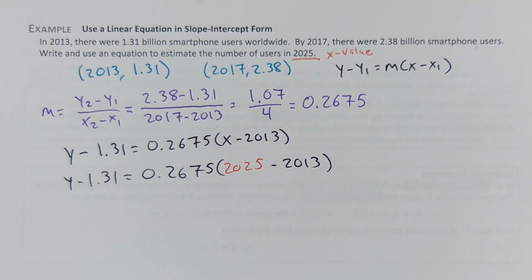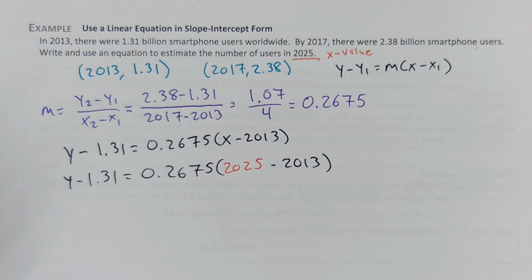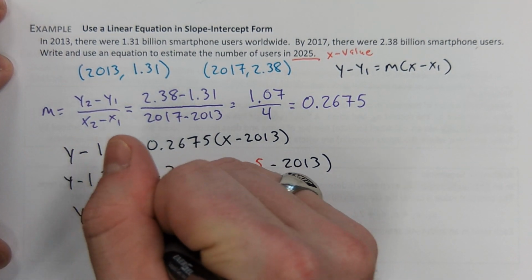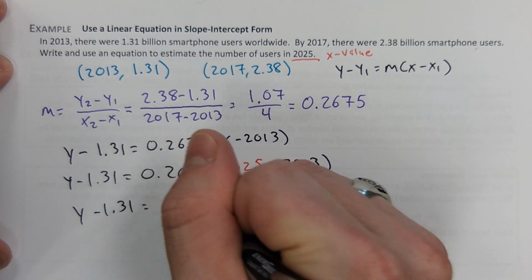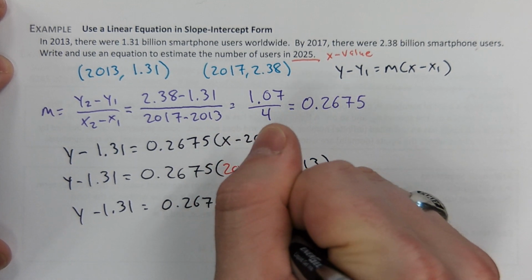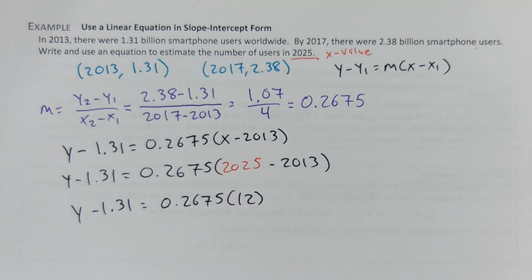All right. This set of parentheses equals 12. And I'm not going to grab my calculator yet, because I'm going to get y by itself right now.